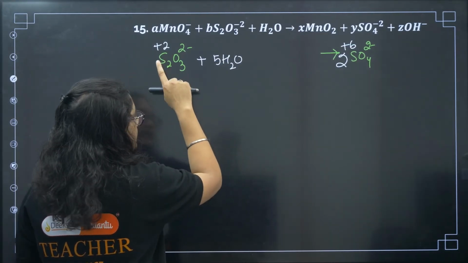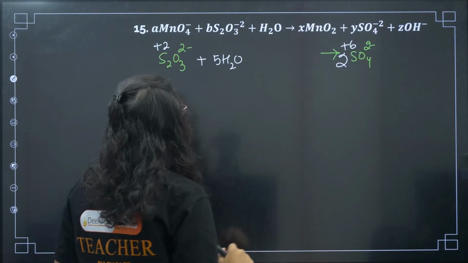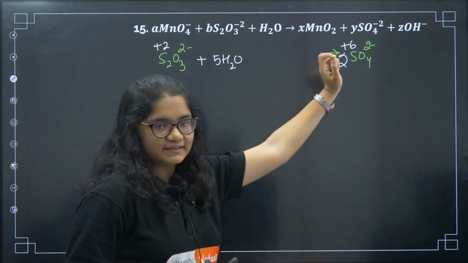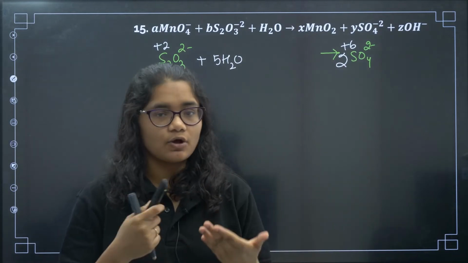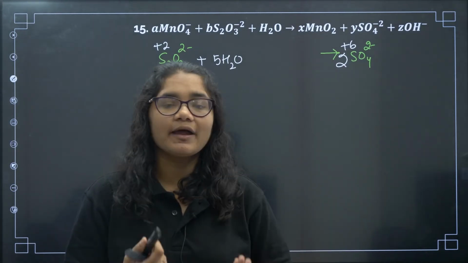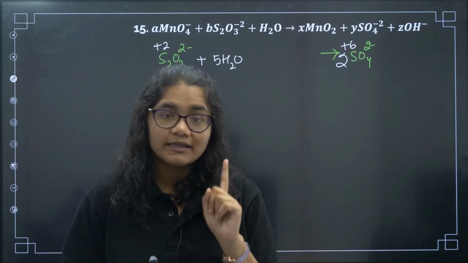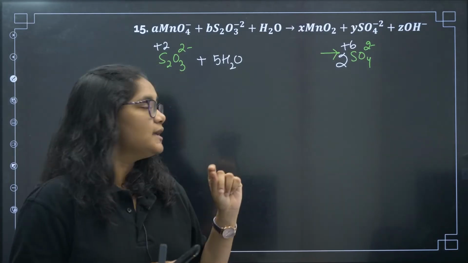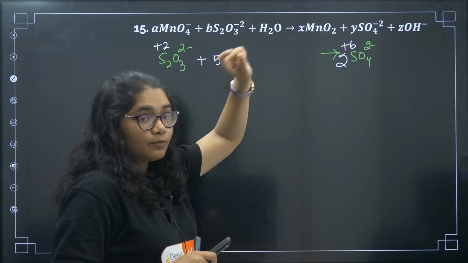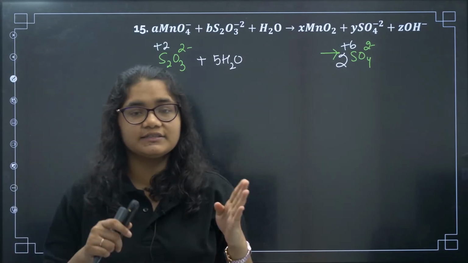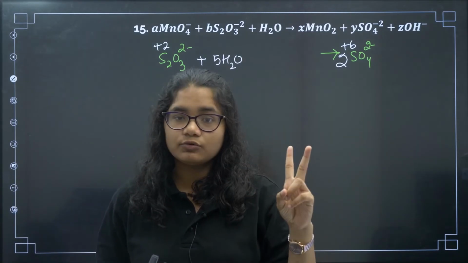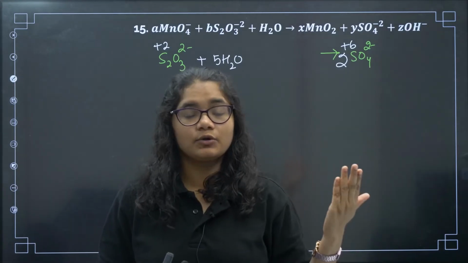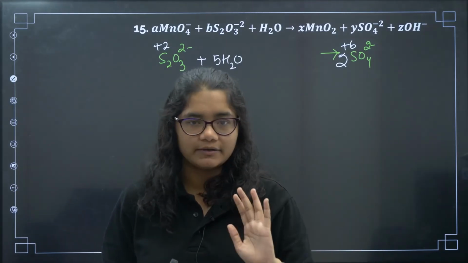Okay, one more thing we need to see, the charge, right? So the charge here goes from +2 to +6, that is, oxidation has taken place. That means loss of electrons has taken place by how many? By 4 electrons. But one important thing to note is, for one sulfur the oxidation state is changing from +2 to +6. We have 2 sulfurs, so total electrons lost will be 8.